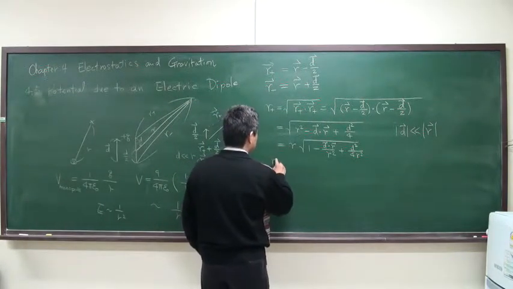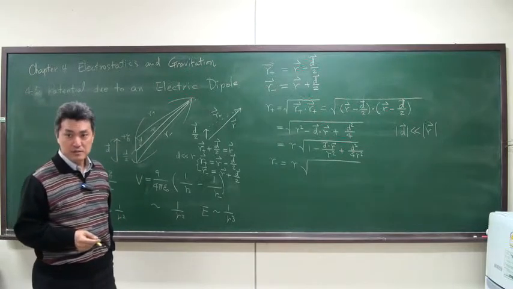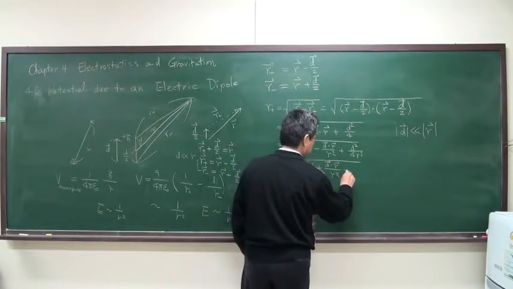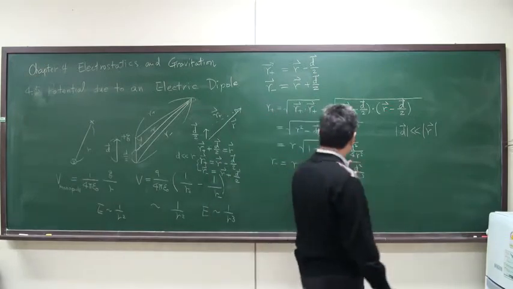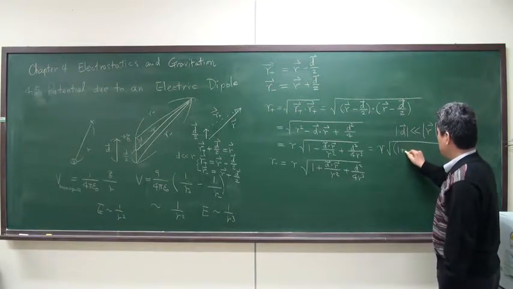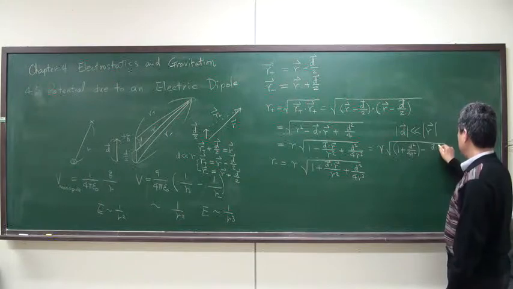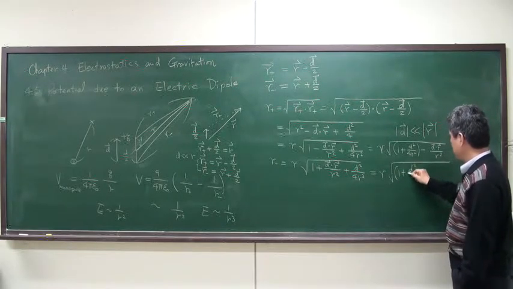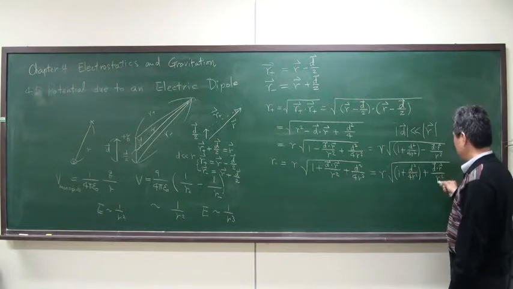In the same way, I can compute r minus to be, because d is replaced by minus d, I find that these two are the same for these two pieces, so it's better to write it as 1 plus minus d dot r over r squared, and this is r, 1 plus d squared divided by 4r squared minus plus d dot r over r squared.